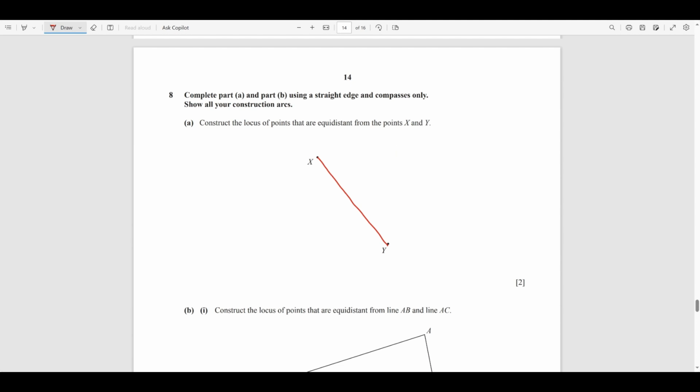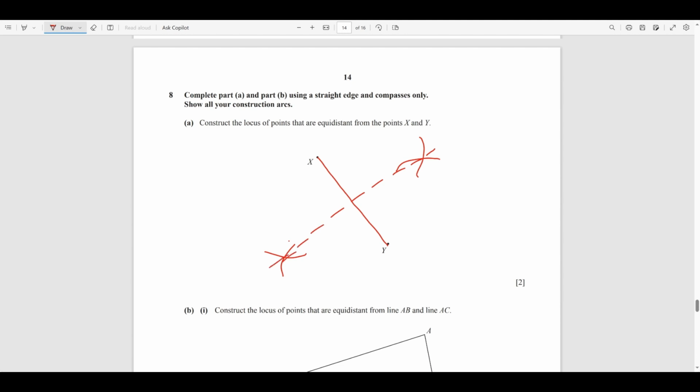For a perpendicular bisector, you need to open your compass to more than half, put the needle on X, make an arc on the top of the line and an arc on the bottom of the line, and then use the same radius to put the needle on Y and make exactly two arcs the same way, and then connect them. I like to connect them with a dotted line, but you can do whatever you like.